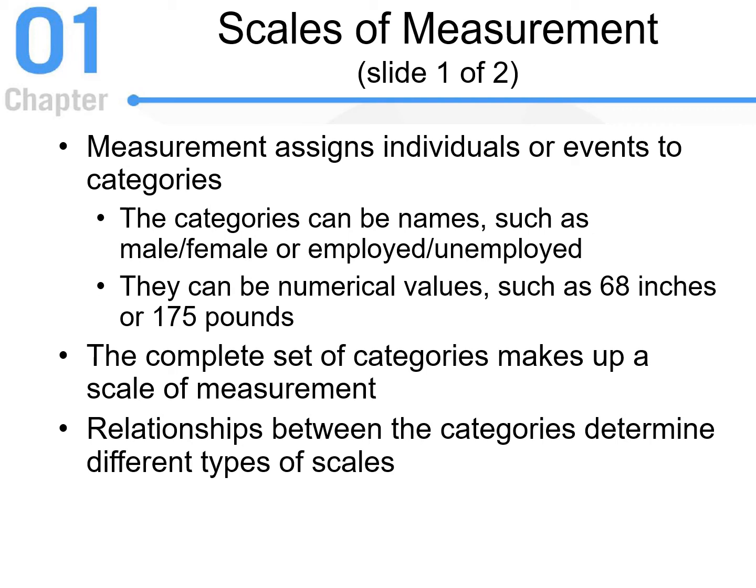Measurement assigns values to different events and categories. So whenever you have a variable and you measure that variable, you're going to have a measurement. And that measurement can be discrete, it can be continuous. That means the value can be in terms of categories. So you have what are called categorical variables.